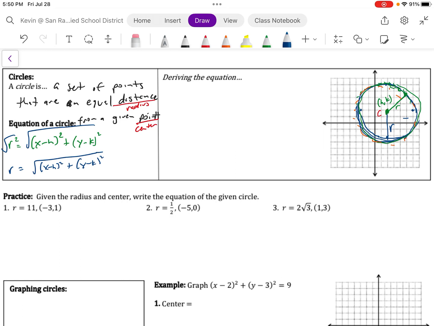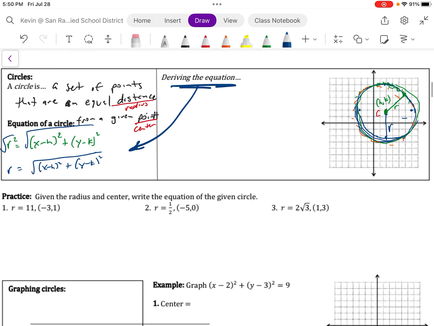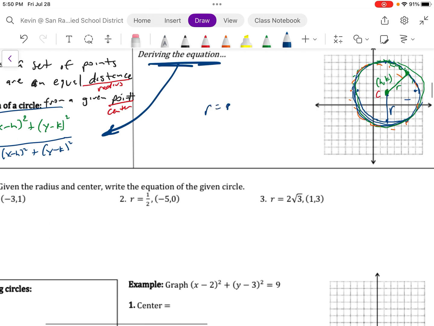It's the same thing ultimately, but h and k are the x and y values of the center of that circle. So that's basically deriving the equation. Just know that r equals the radius, and the center is h and k. The h is the x value, k is the y value of the center.